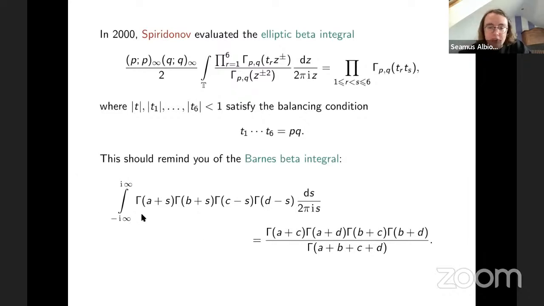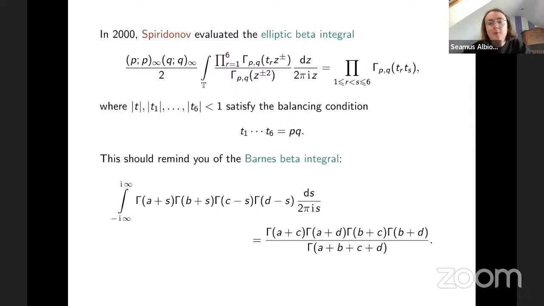And here the contour should be such that the sequences of poles parameterized by integers which go to minus infinity as you increase n are separated from the ones that go to plus infinity. That's what this contour from minus i infinity to i infinity is doing.